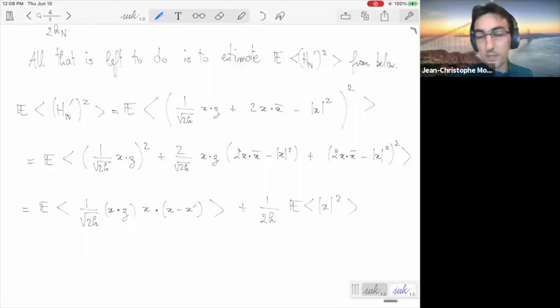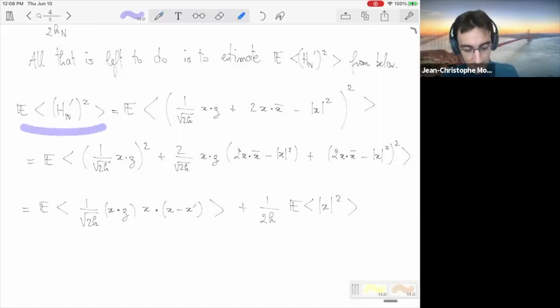This is the extra term that I was annoyed with during the break. Recall that I want to lower bound this, and I had to discover this extra annoying term. So it's here, no problem.